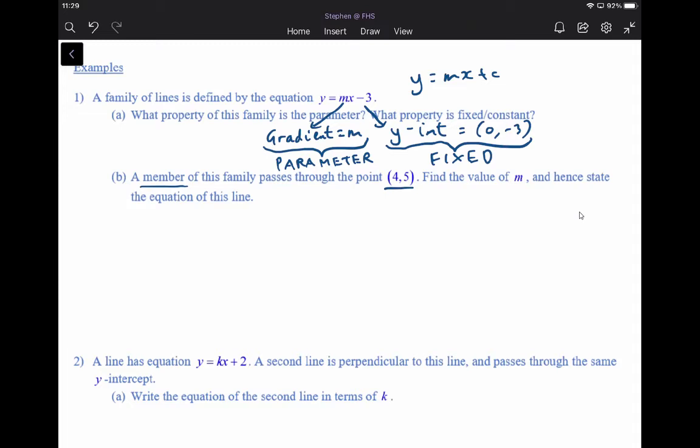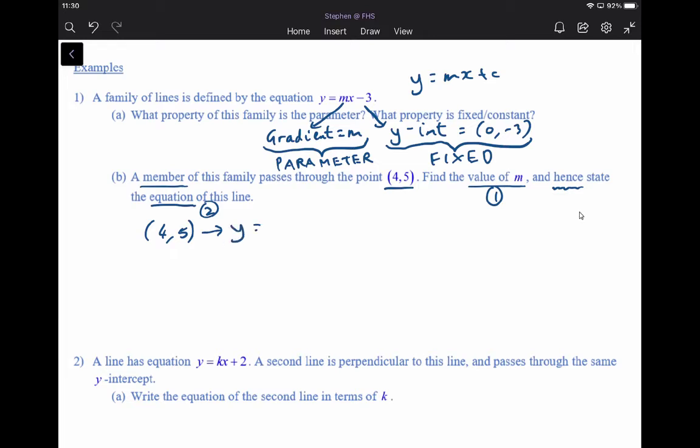So we need to do 2 things. We need to, number 1, find the value of m, and hence state, so remember we have to use hence, state the equation of this line, and that's number 2. So we have 2 questions to answer here, and let us go ahead. So what we're going to do is we're going to take the point 4, 5 and plug it into the equation.